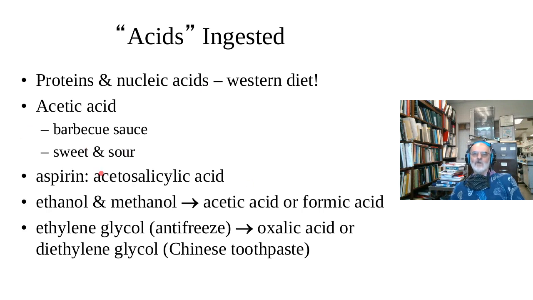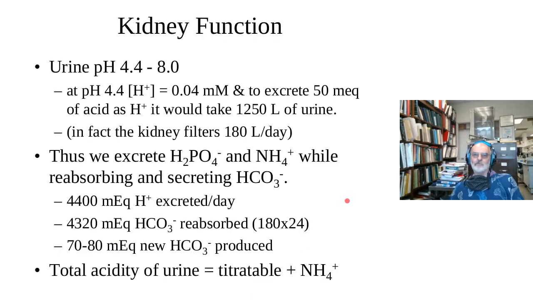We might take an excess of drugs like aspirin. We might ingest ethanol, okay? All of which gets broken down into acids. We might inadvertently ingest methanol or ethylene glycol or brush our teeth with some weird Chinese toothpaste, all of which is going to contribute to acid in our bloodstream.